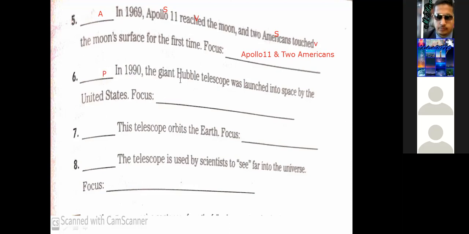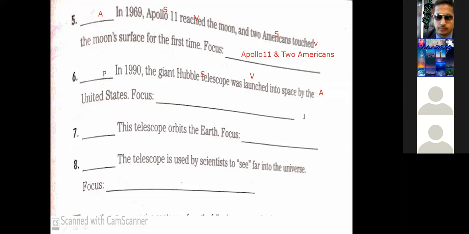The subject is the Hubble telescope. And the verb? Was launched, this is the verb. By the United States, this is called the agent.